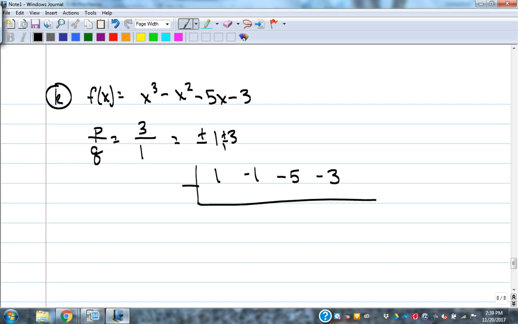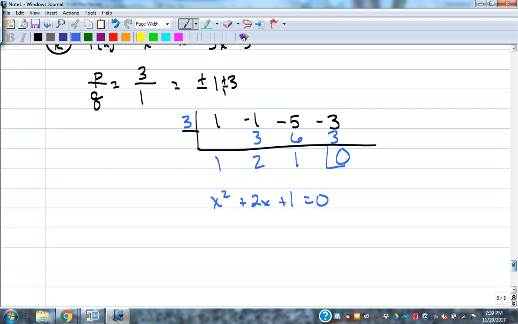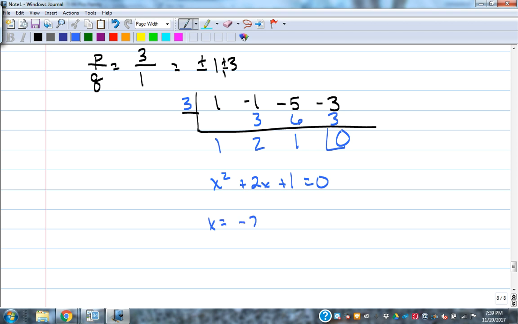So what we would do is I'm going to start with 3 on the shelf because it crossed the x-axis at 3. That's a good place. It's positive. It's easy to run through. And that leaves us x squared plus 2x plus 1, which is quadratic, and I can use quadratic formula.